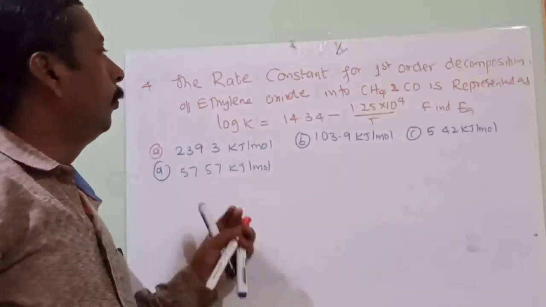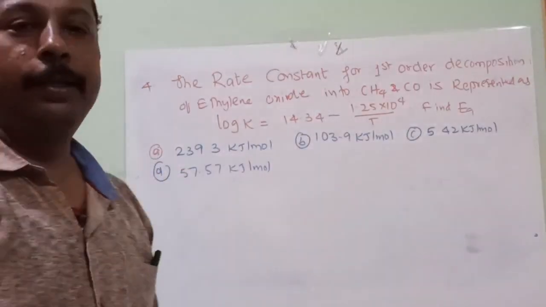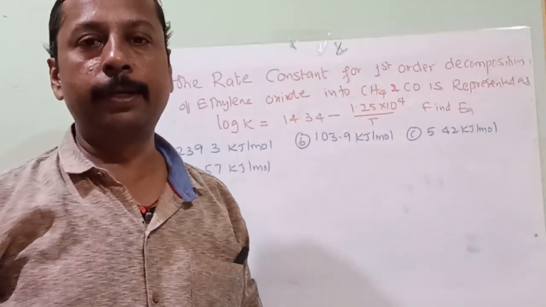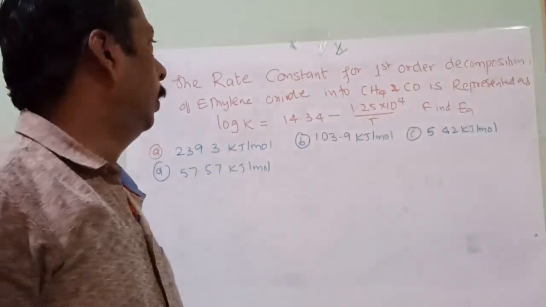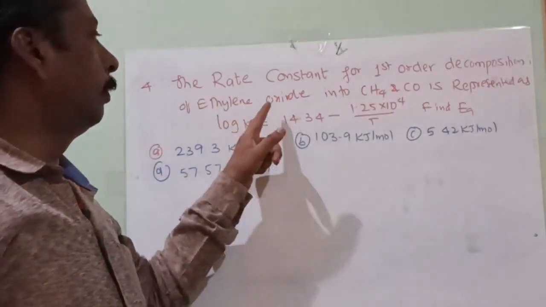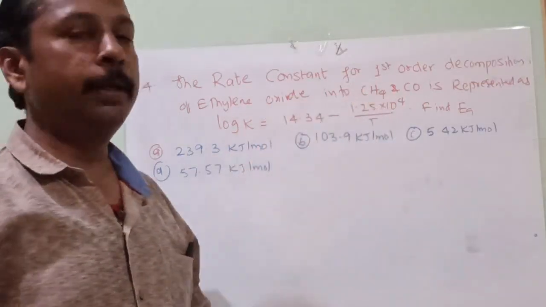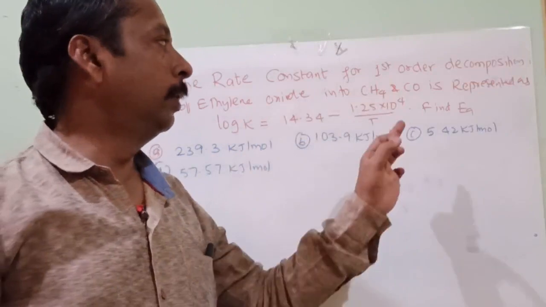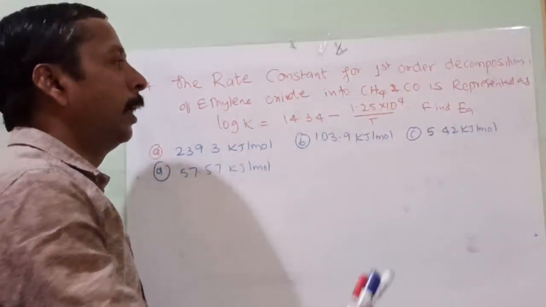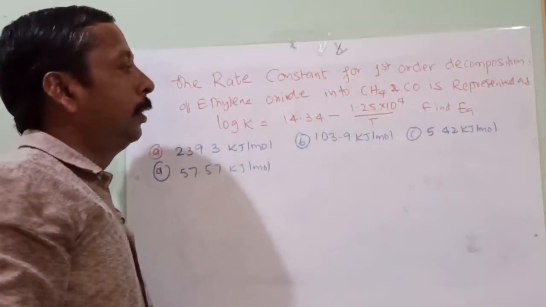Okay students, now we are with another question, and it is entirely different. It is a recent entrance examination question, and a tricky question. The rate constant for a first order decomposition of ethylene oxide. Ethylene oxide is split up into what? CH4 and CO. It is represented as this one. Find the activation energy. Only an equation is given. What is that equation?